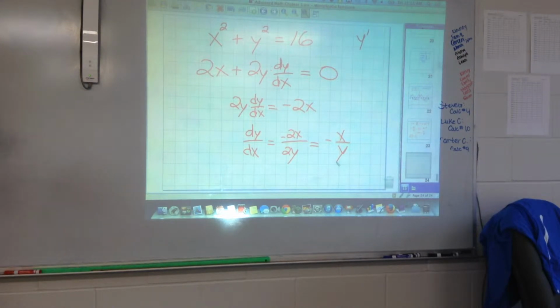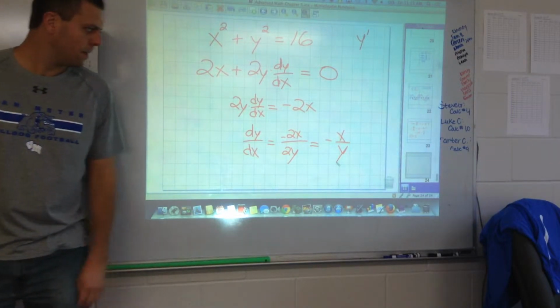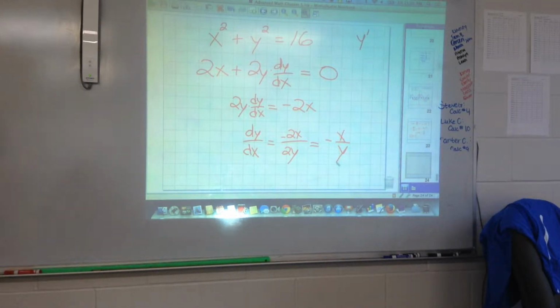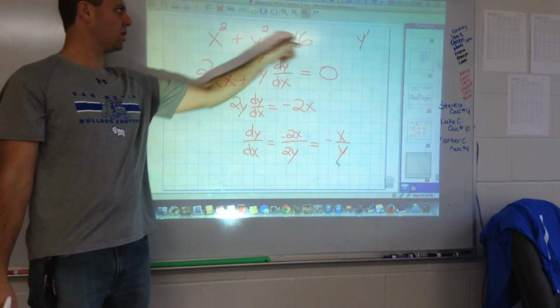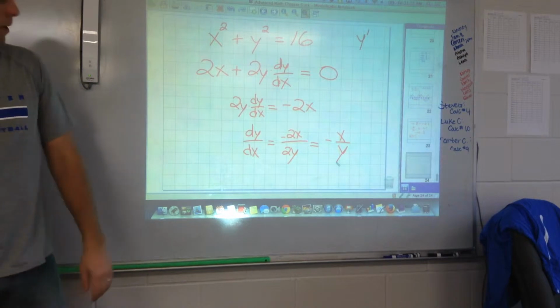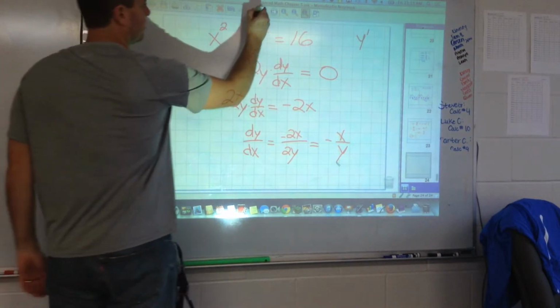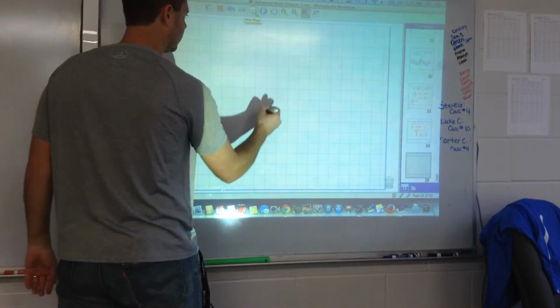Okay, and I'll show you how that works. We'll pick an example here. Okay, and we'll find the slope at that given point. So negative x over y is how we would find the instantaneous rate of change along that circle somewhere. Okay? I'm going to draw that circle, or try to.